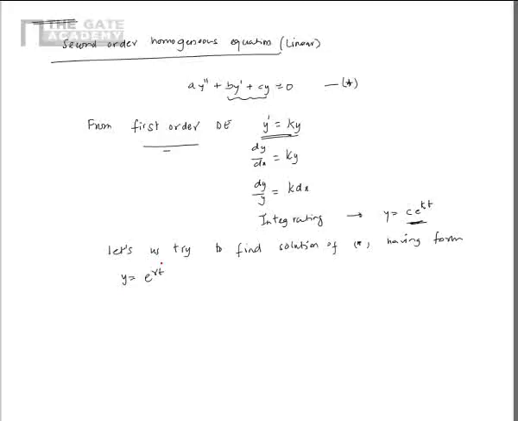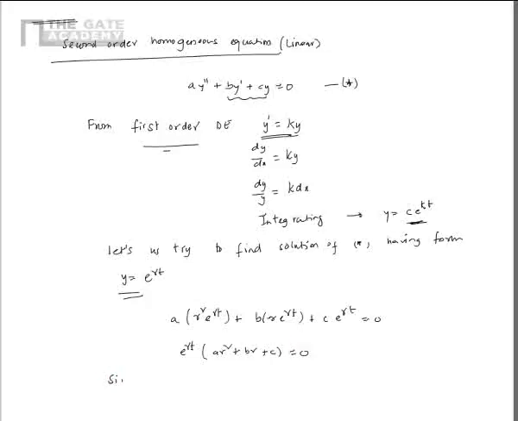I want to try this as a solution. So what happens if I substitute that? It will be r^2 e^(rt), because you have to differentiate two times, plus b r e^(rt) plus c e^(rt) equals 0. Now e^(rt) I can take out common: a r^2 plus br plus c equals 0.